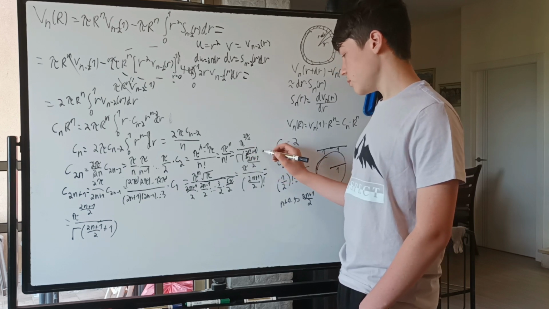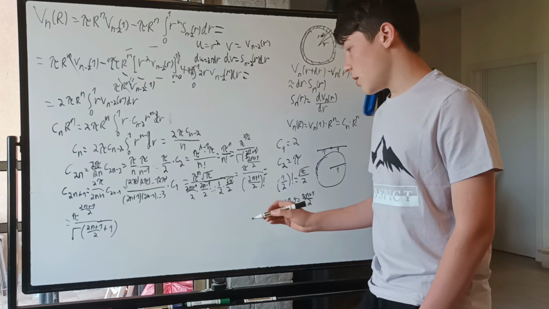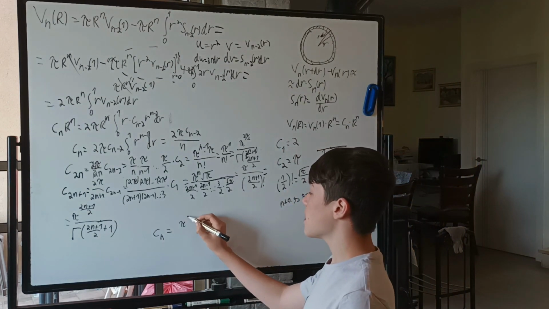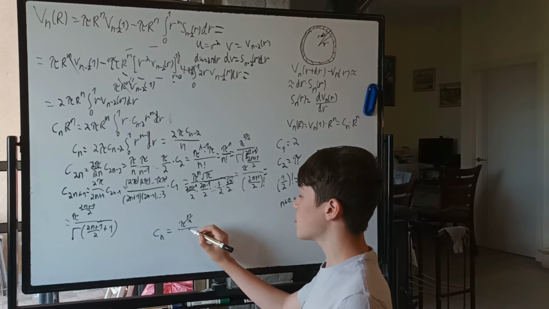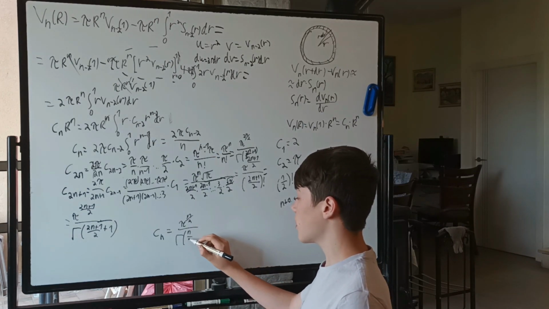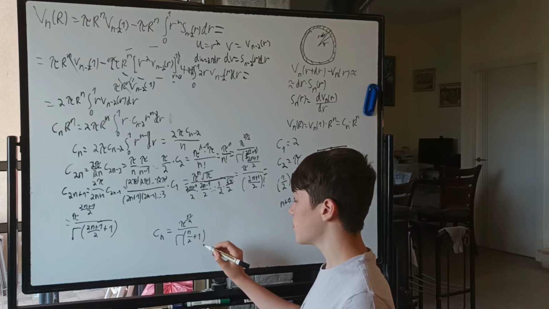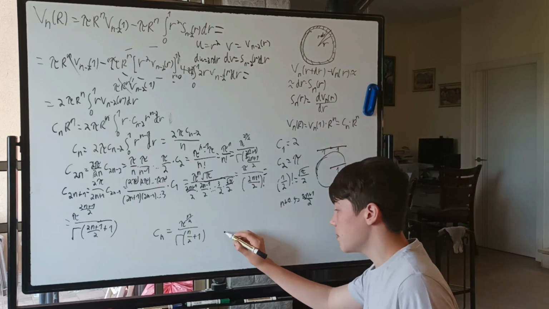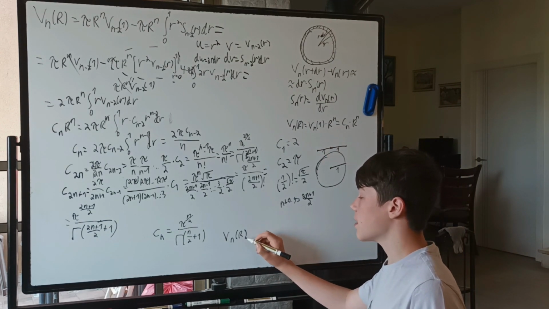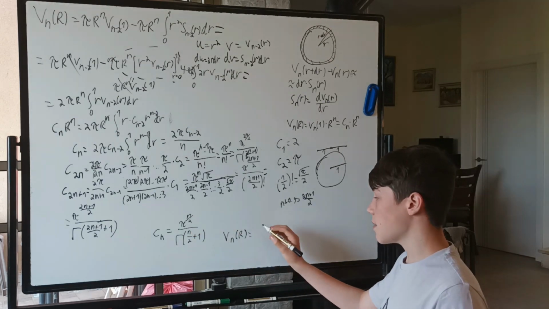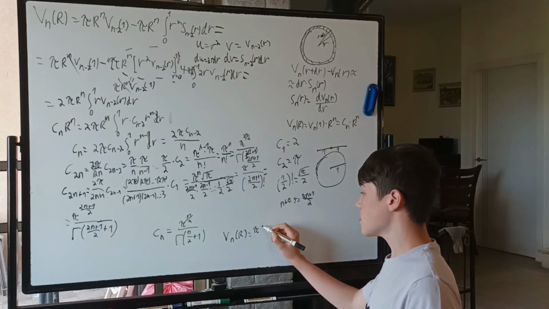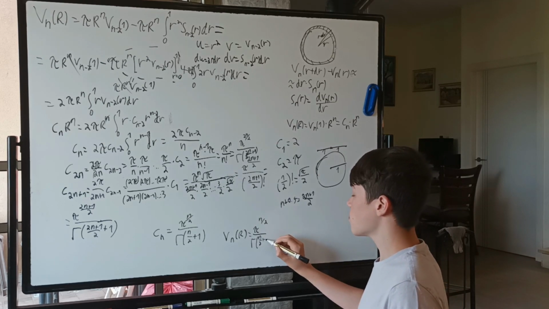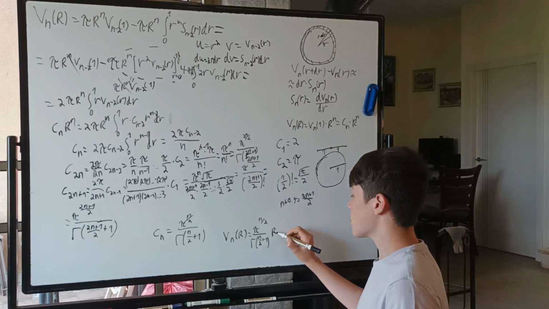And so in general, for all natural numbers, Cn is pi to the n over 2 divided by gamma of n over 2 plus 1, meaning that the volume of an n-dimensional ball with radius r is just r to the n times Cn, which is pi to the n over 2 divided by gamma n over 2 plus 1 times r to the n.